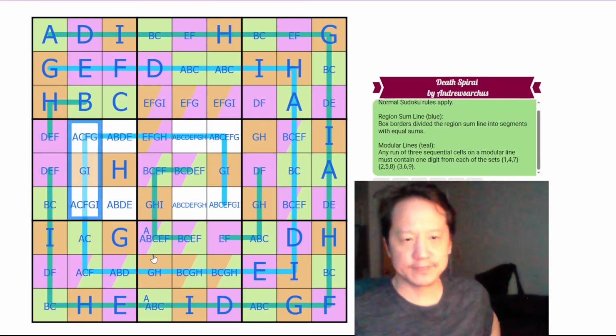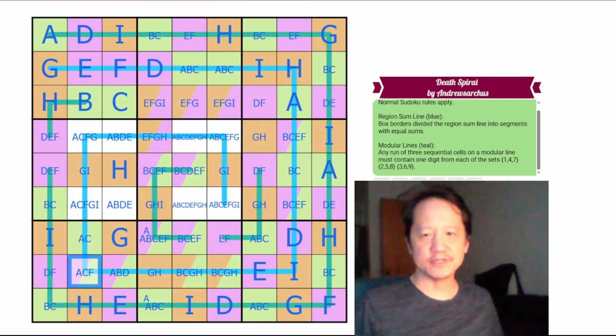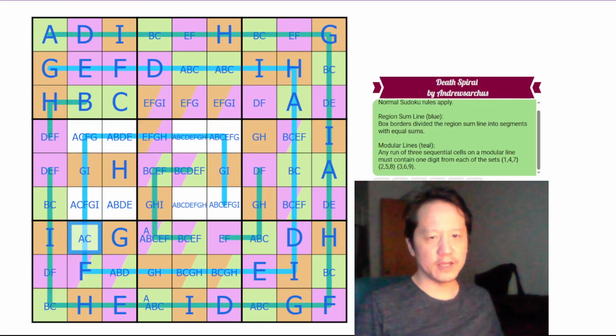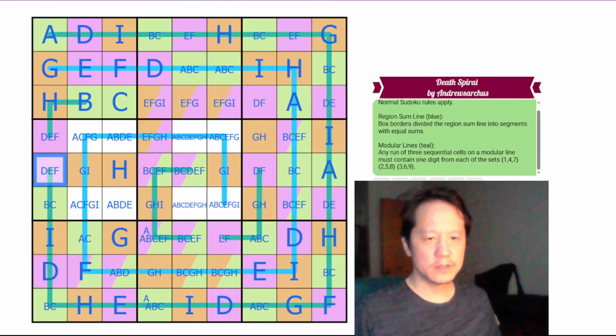Okay, so what happens if this is F? If this is F, this has to be A in some sort of combination, but it cannot be the same combination as this. So then it cannot be F, B, and C adding up together. So this would be D. No D here, no D here.